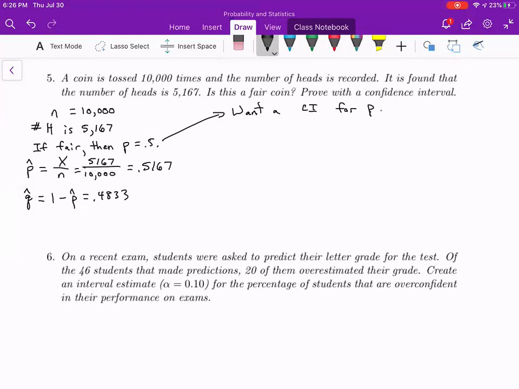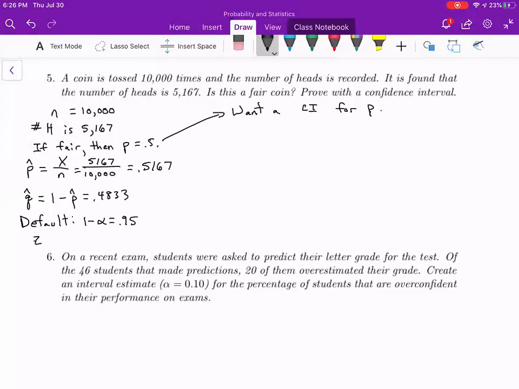And alpha, or the confidence level, wasn't given. When it's not given, the default is for 1 minus alpha to be 95%, or 0.95. That always holds, whether this is an interval for P or mu. So if the confidence level isn't given, default to 95%.